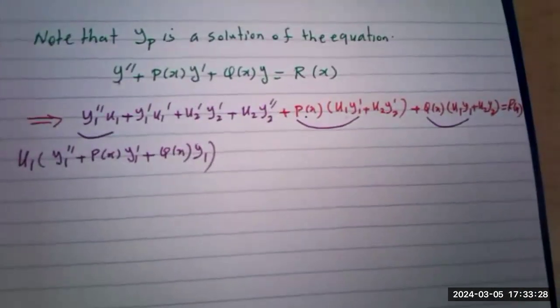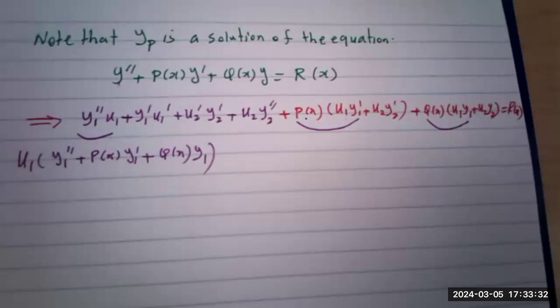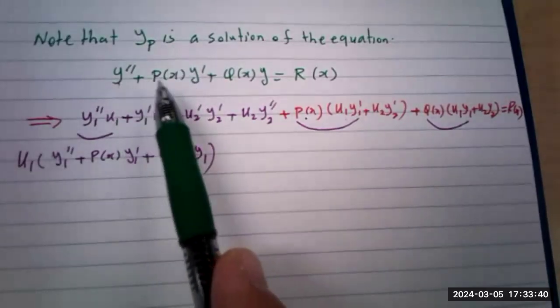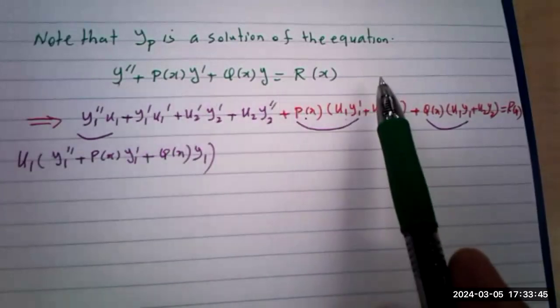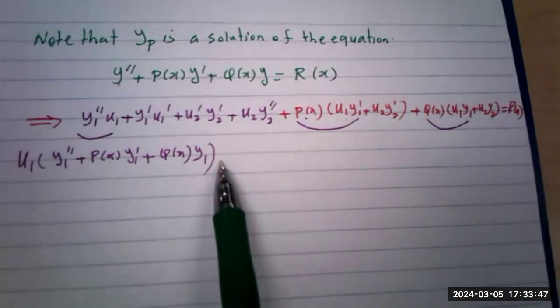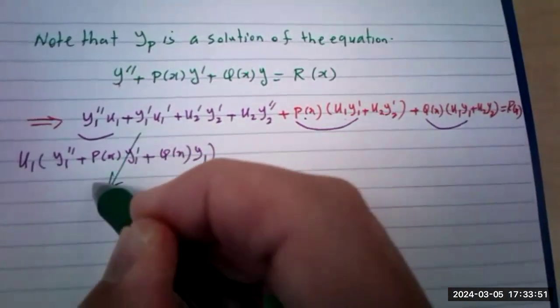Second order. Remember, y1 is the solution of the homogeneous equation. So the equation is what? Homogeneous equation: y double prime plus p(x) y prime plus q(x) y equals 0. So this would be 0 because y1 is the solution of the homogeneous equation. That would be all.